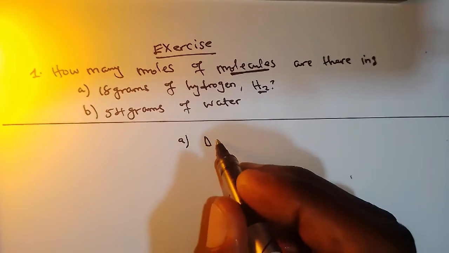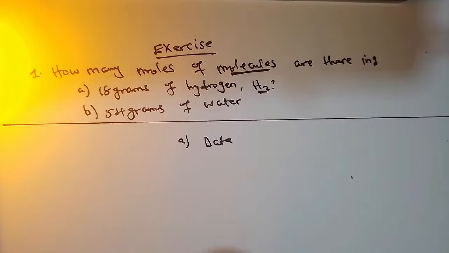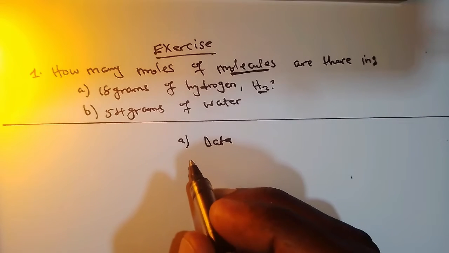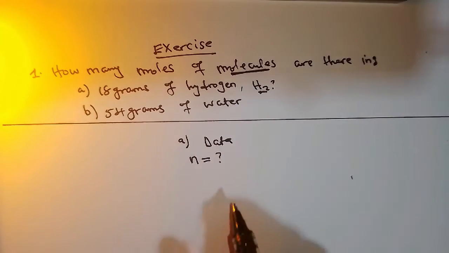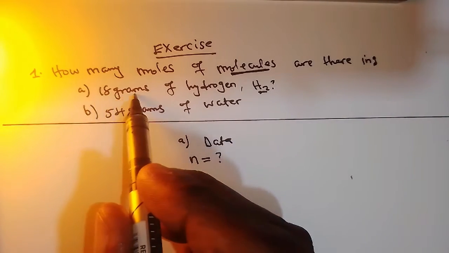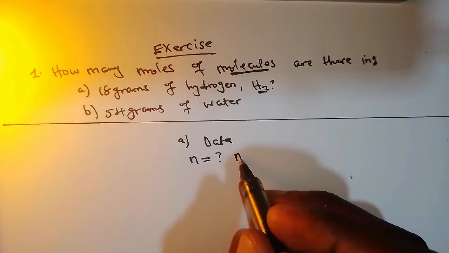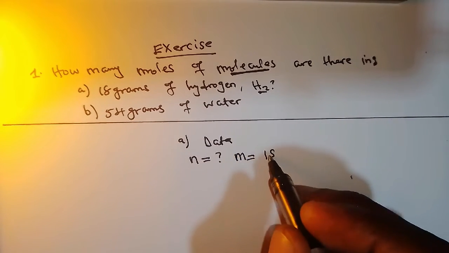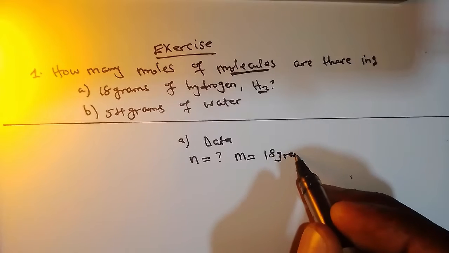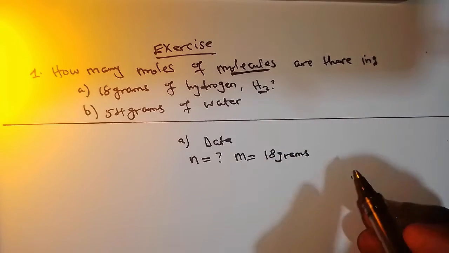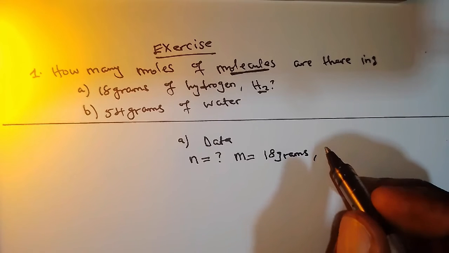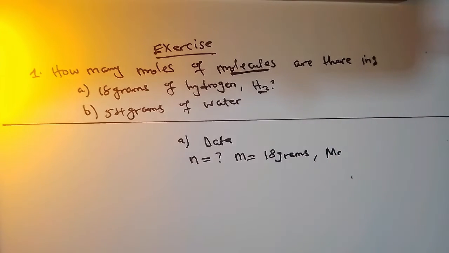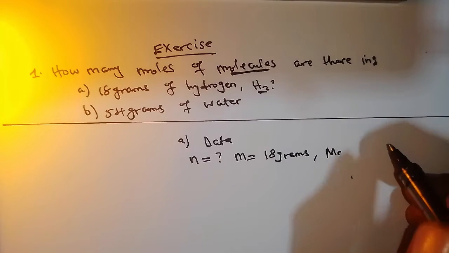What we do now is we always have to collect the information. For the number of moles, you put a question mark. What have you been given? The mass, 18 grams. And from there, we need to find the molar mass. This is looking at hydrogen.